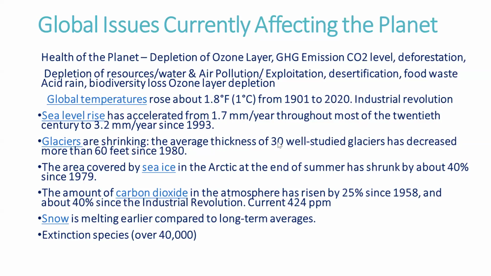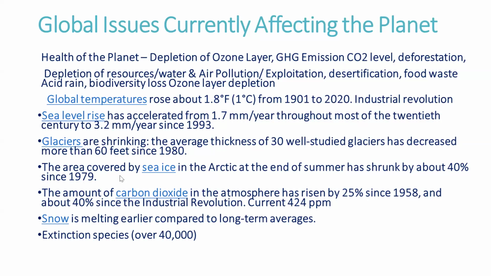The average thickness of 30 well-studied glaciers has decreased by more than 60 feet since 1980. Just imagine. The area covered by the sea ice in the Arctic at the end of summer has shrunk by about 40% since 1979.